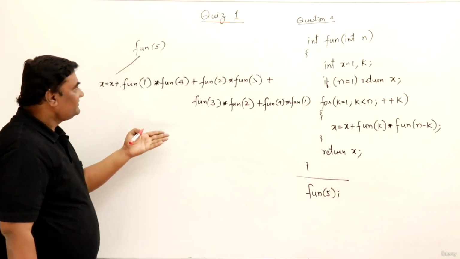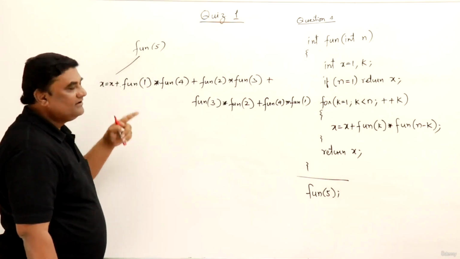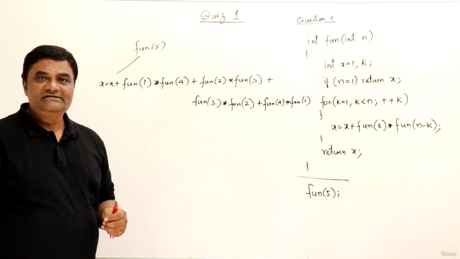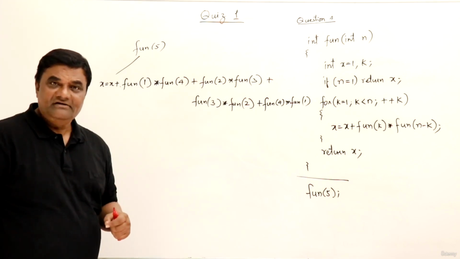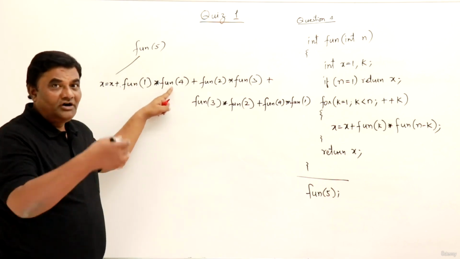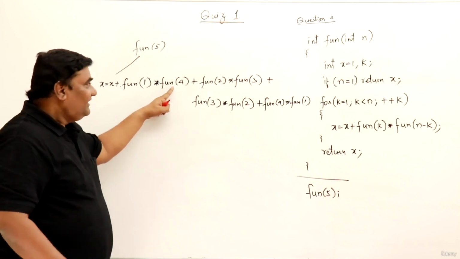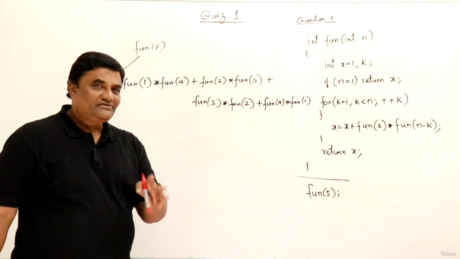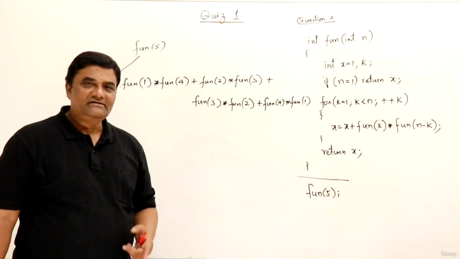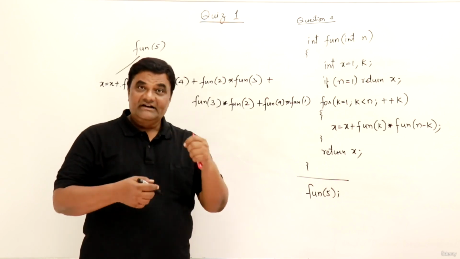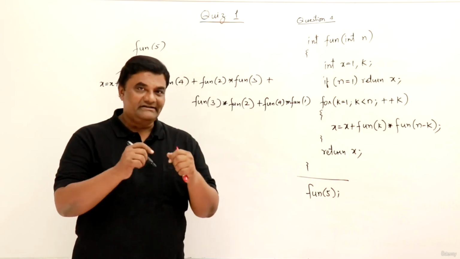So many calls for just fun of 5. This is complex. You cannot solve it easily using pen and paper. You should finish this one, then this one. I don't know how much expansion this will take. All these you should know, then multiply and get the result. So this is not easy. Then how to solve it? For solving this one, we'll take another approach. Let us see this one.